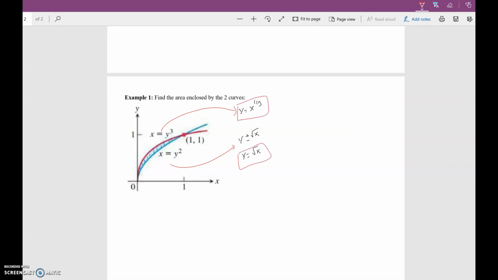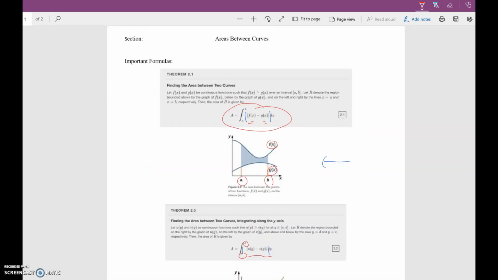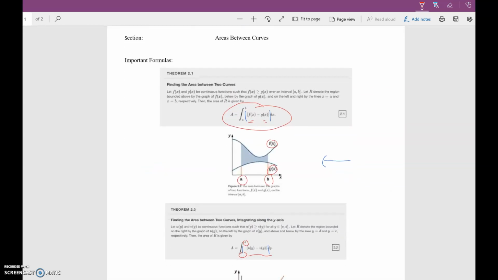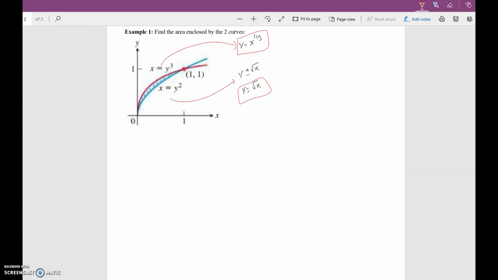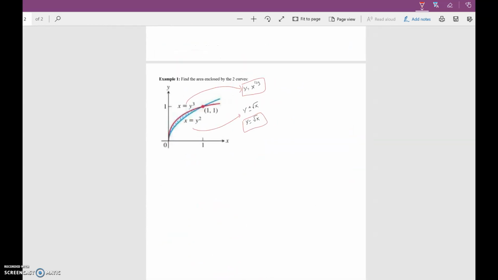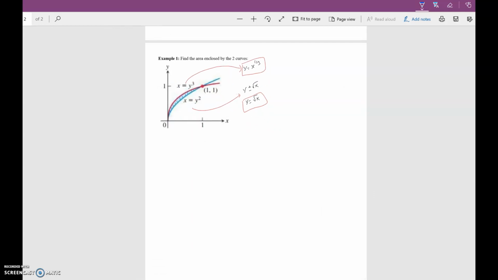Then in order to use the formula, in this case theorem 2.1, you would simply say that the total area in between the two curves is equal to the following.